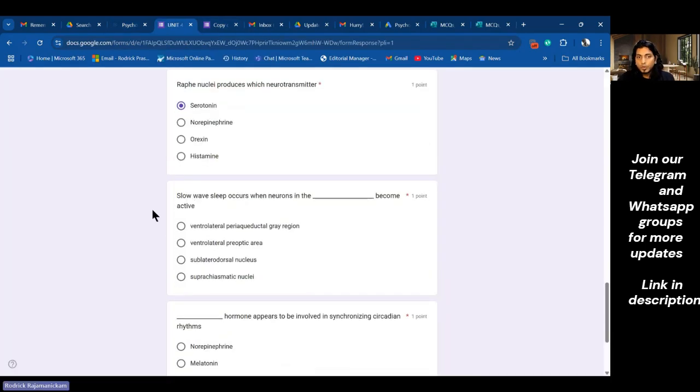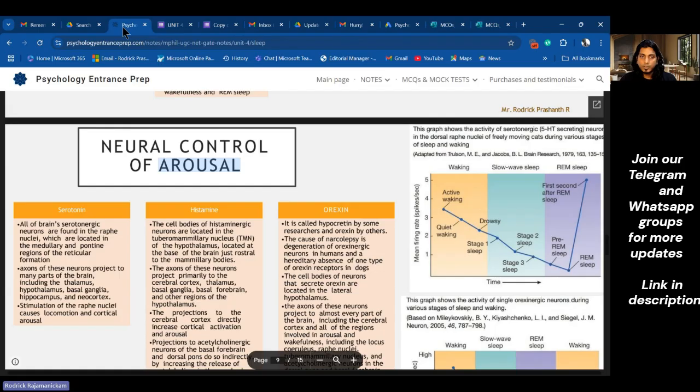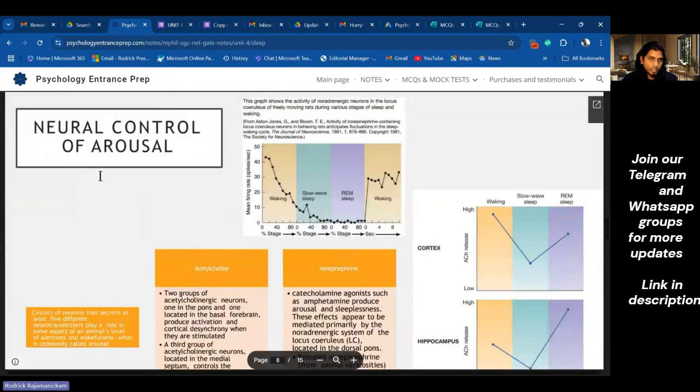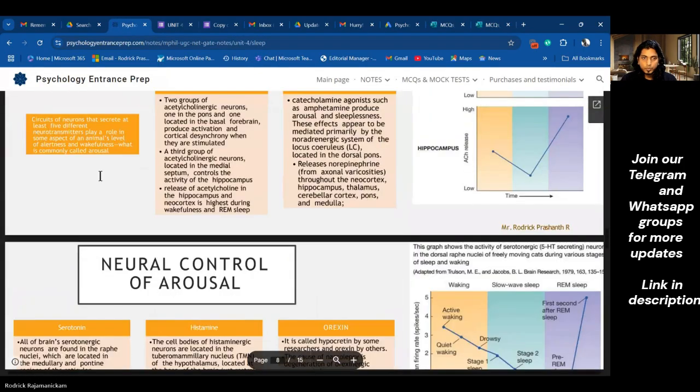So next one is slow wave sleep occurs when neurons in the dash area become active. This is the ventrolateral preoptic area. This is part of the on stage of sleep. So we have neurons which produce neurotransmitters for arousal, right?